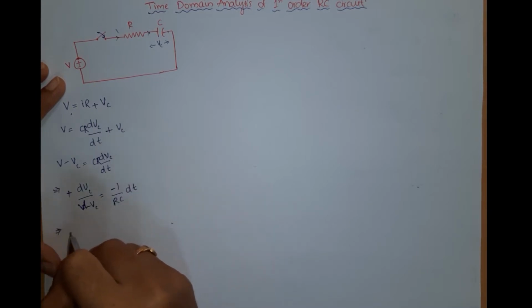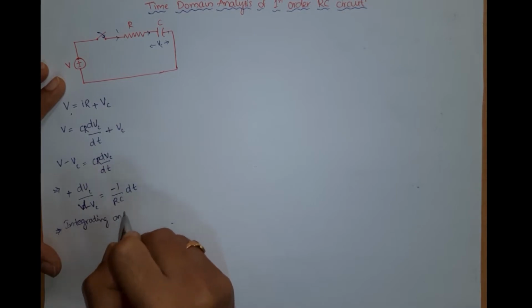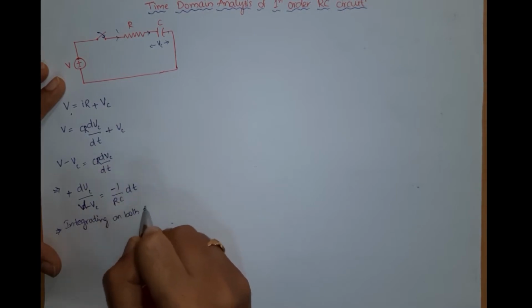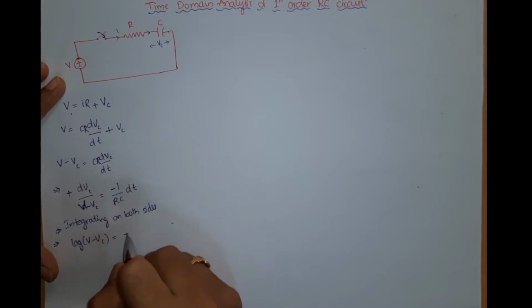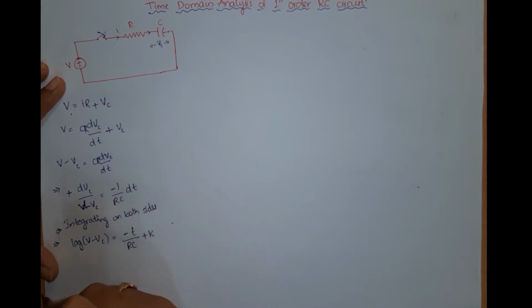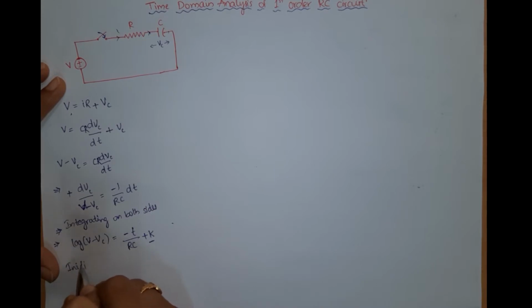So from this, integrating on both sides, what will we get? Log of V minus VC equals minus T by RC plus some constant K. Now for finding the value of K, go for initial conditions.